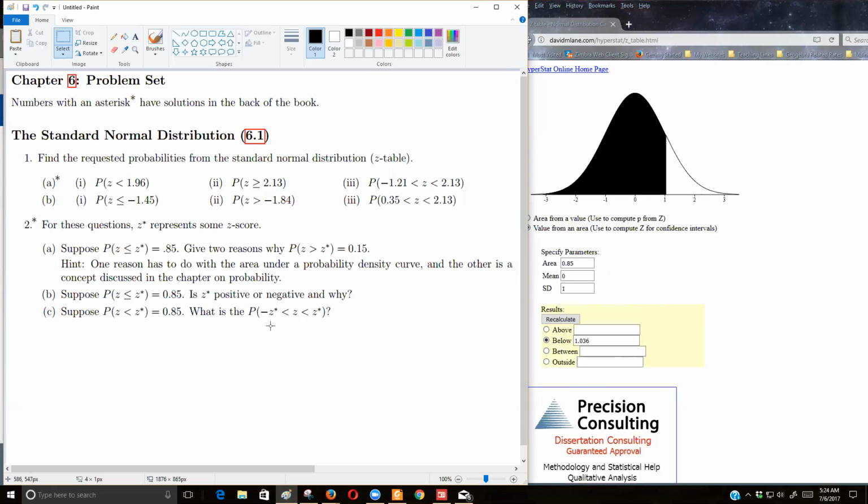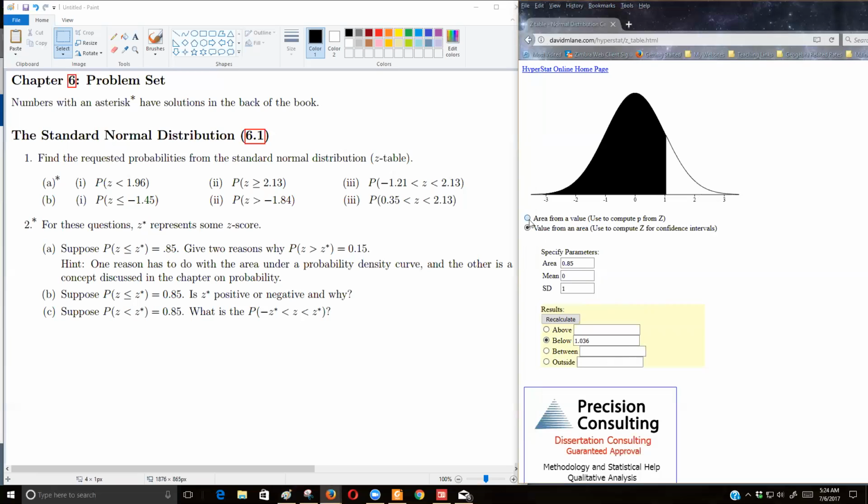What's the area between negative 1.036 and positive 1.036? So now we're back to value from an area. I'm going to go between negative 1.036 and positive 1.036. So that would cut off almost 70%. And that would make sense because this tail area is 15% or 0.15, and this tail area is 0.15. I'm rounding because it's not exactly.